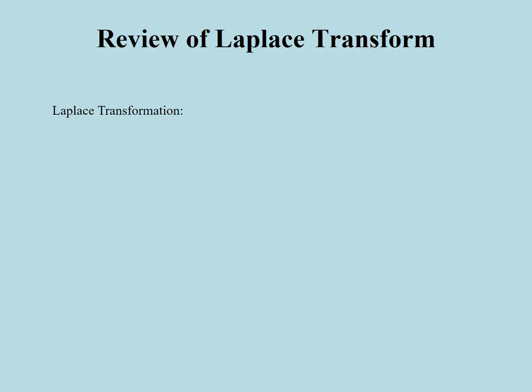Let us call the Laplace transform of a function f(t) as capital F(s). The function f(t) and its Laplace transform F(s) are also called a Laplace transform pair. The Laplace transform of f(t) is given by this integral.